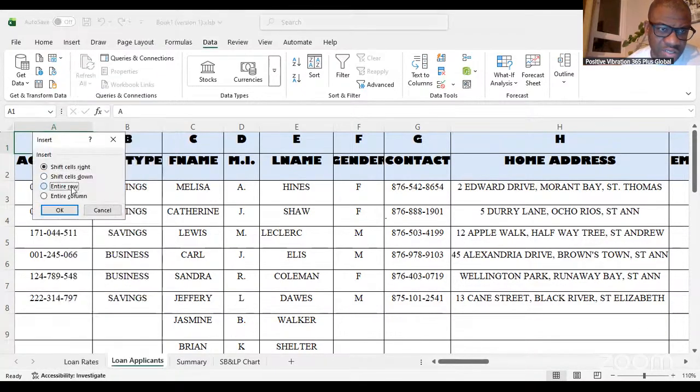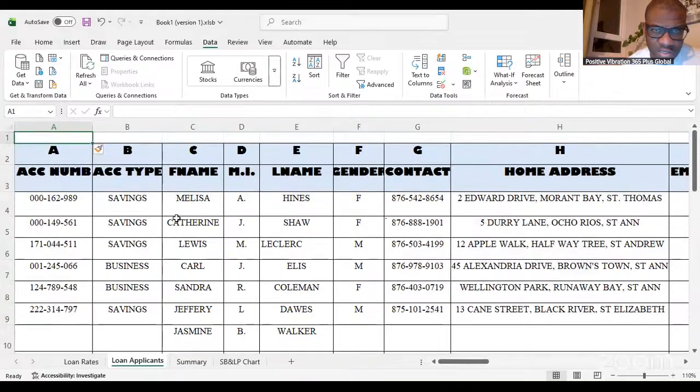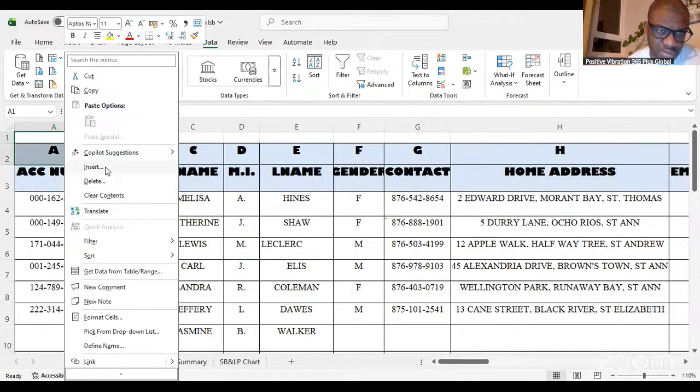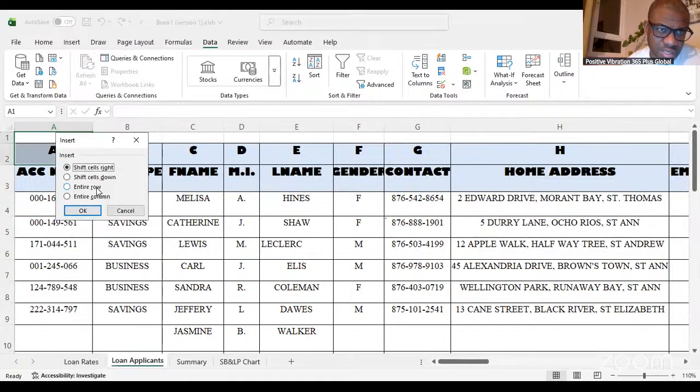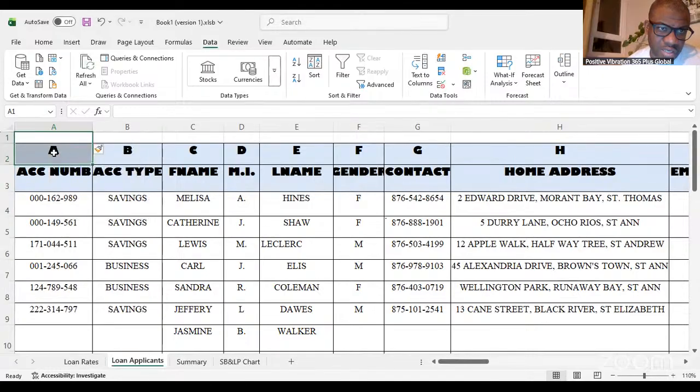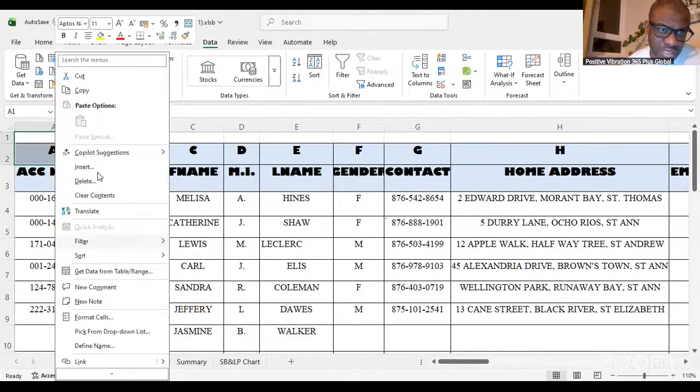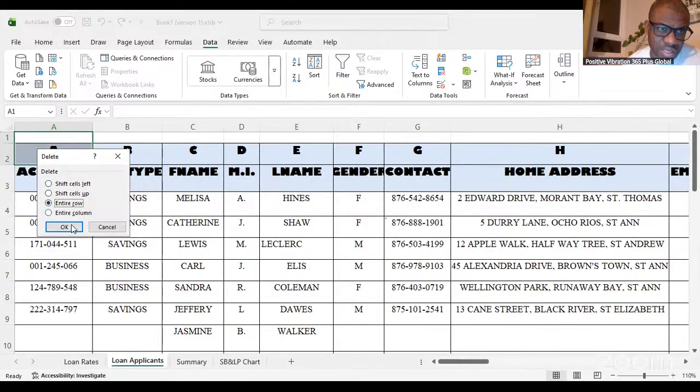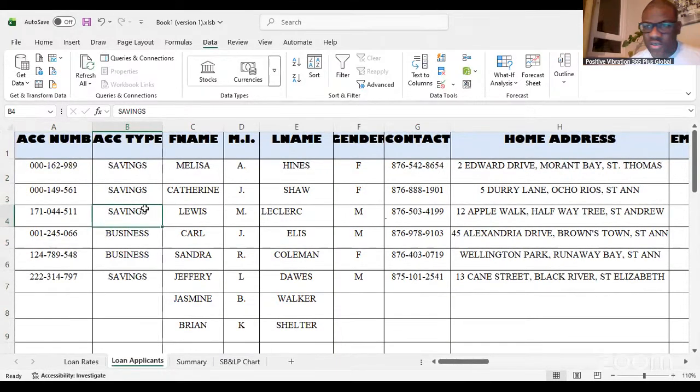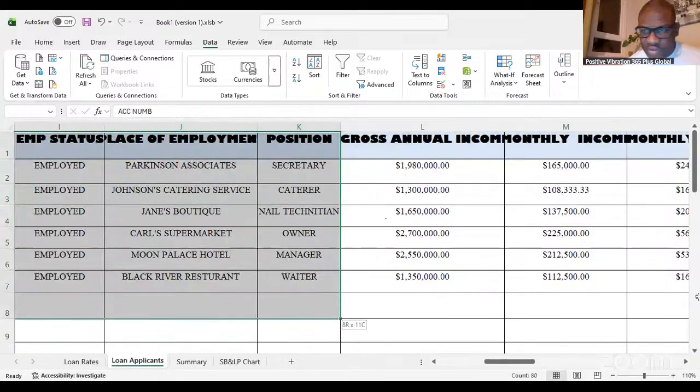Let's remove that. Don't need this, so we'll do delete. Delete is here. All right, so we don't need that. So we will do this again.